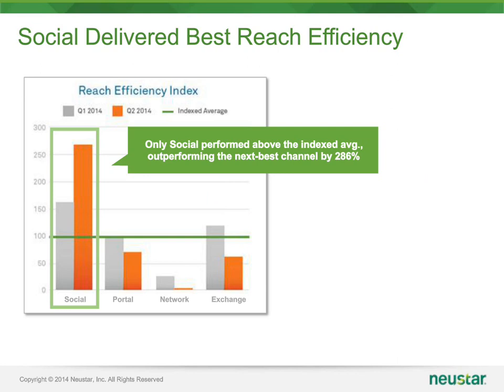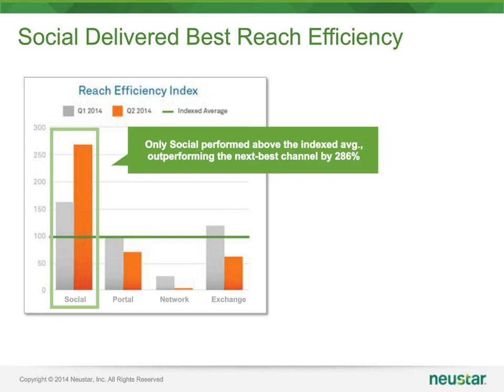But this actually highlights the added urgency for the industry, and probably one of the biggest challenges, which is how do we connect the dots not only across channels, but across devices, and ultimately potentially replace cookies with a more stable identifier.